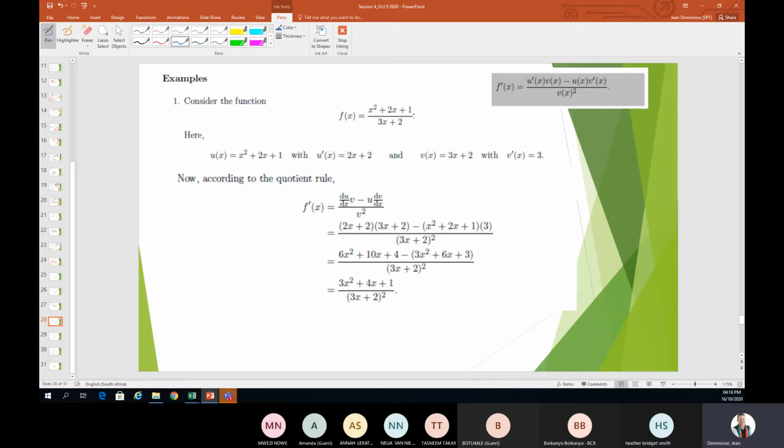You use this rule only when you are actually dividing by something. Otherwise you would use the product rule or the chain rule.